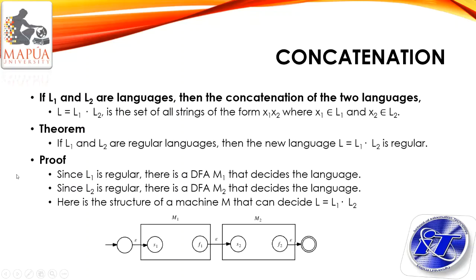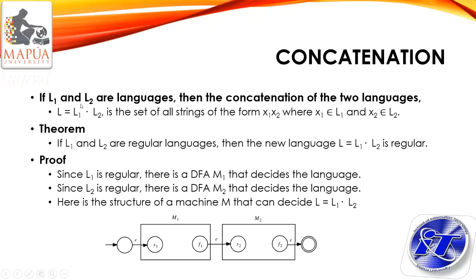Concatenation means appending the strings of a language to our existing language, whether on the front of a string or at the end. Let's have this definition.